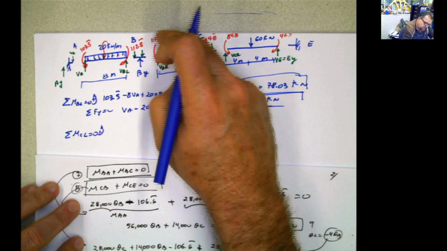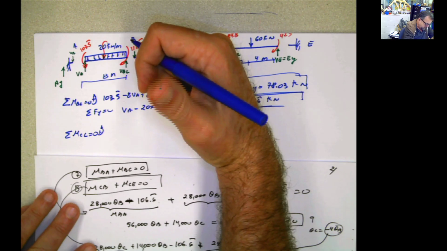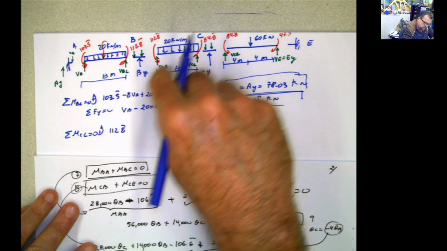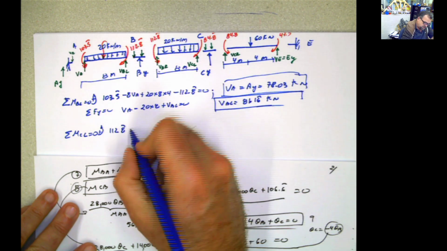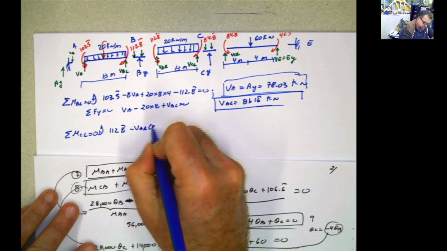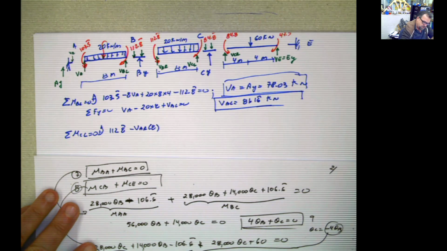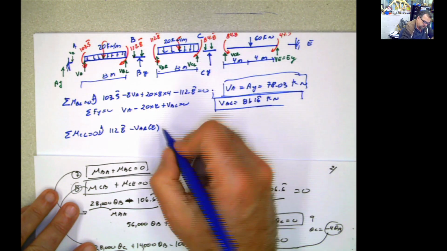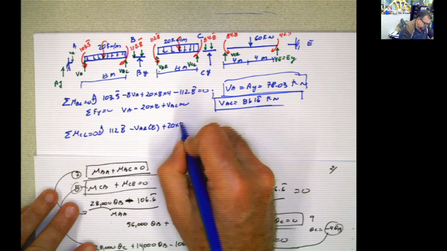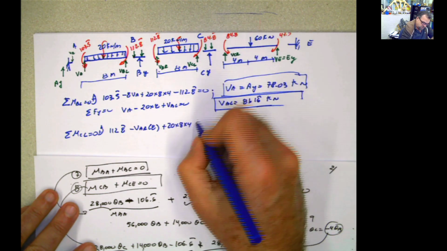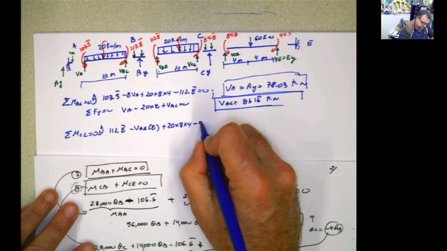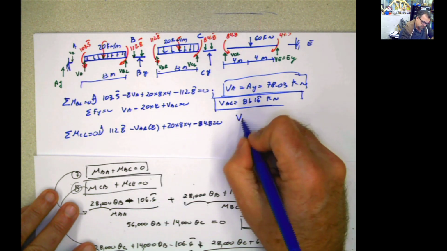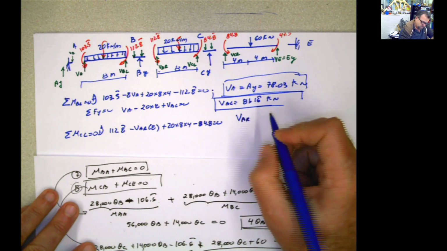You get 112.8 positive. 112.8 minus this VAR times 8 plus, remember the Alamo, this one here, 20 times 8 times 4, minus this 84.8 equals 0. And then we can calculate the shear to the right of A.